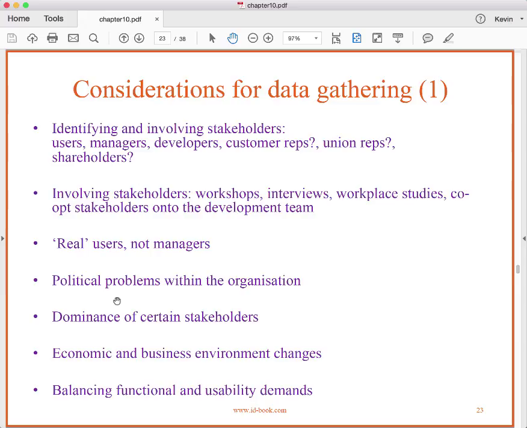The next bullet, real users, not managers. Historically, I'd like to characterize what real users, the workers, can offer us as being different from what their managers can. When you talk to the workers, you more typically get an accurate idea of how things work today.